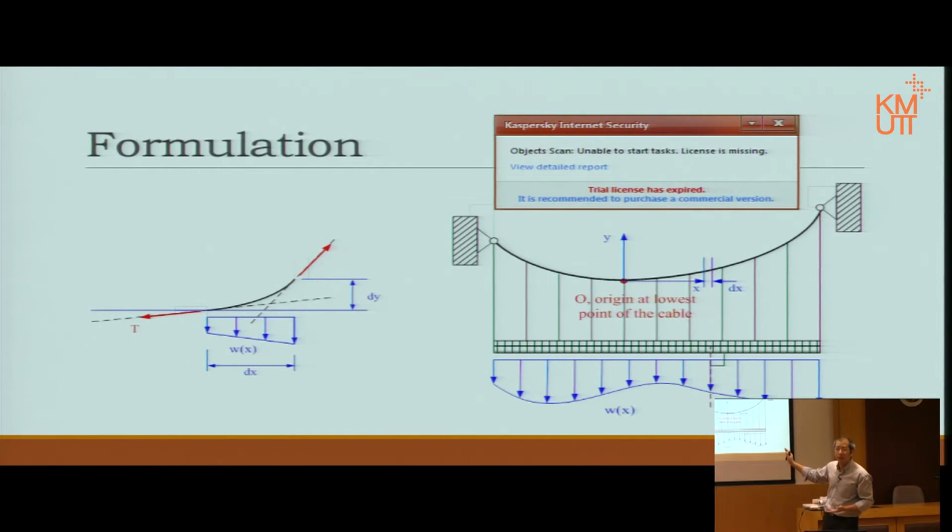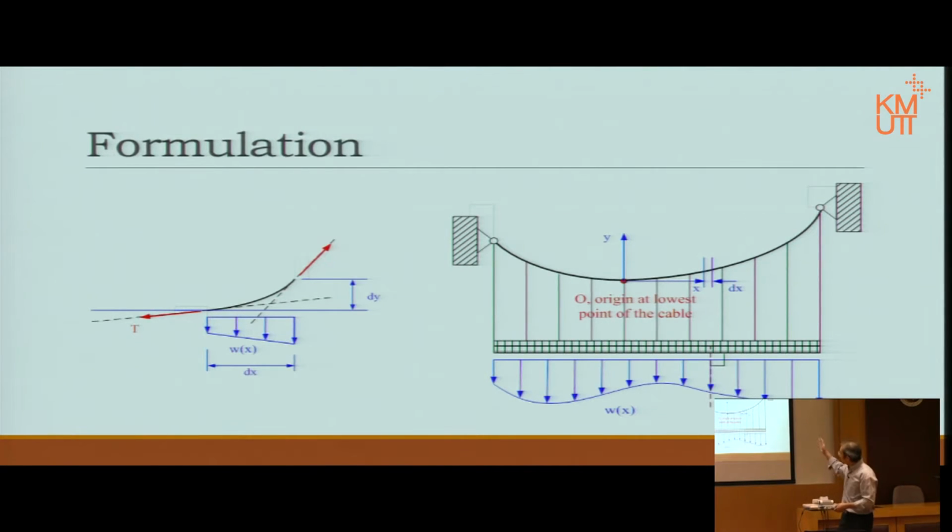In fact, we'll be proving that it's not the same in the end. But anyway, just to allow it to change, rather than call it T1 and T2, we'll call the first one T, and the other one will be T plus any change that might happen. Because it is a small distance dx, the change will be small as well, so it becomes T plus dT. So T is the same value as the T on the left hand side, and dT represents the change that happens when you move across the distance.